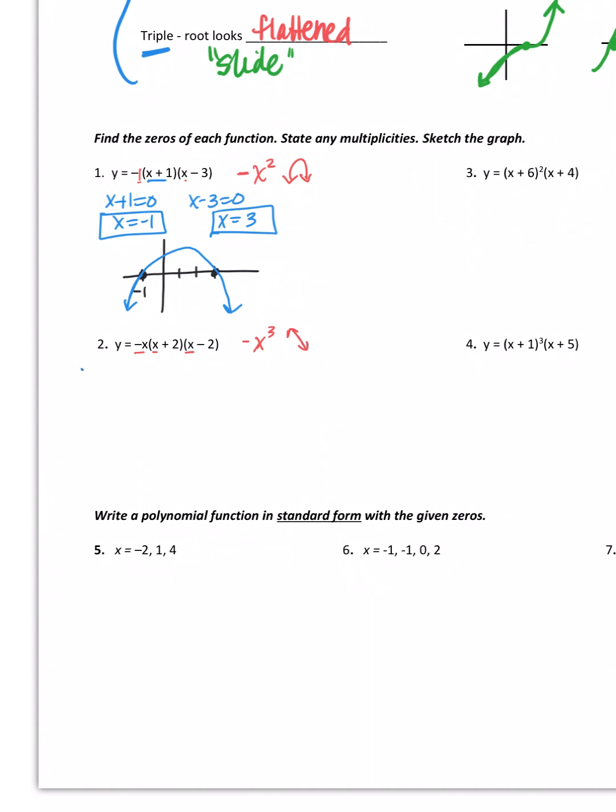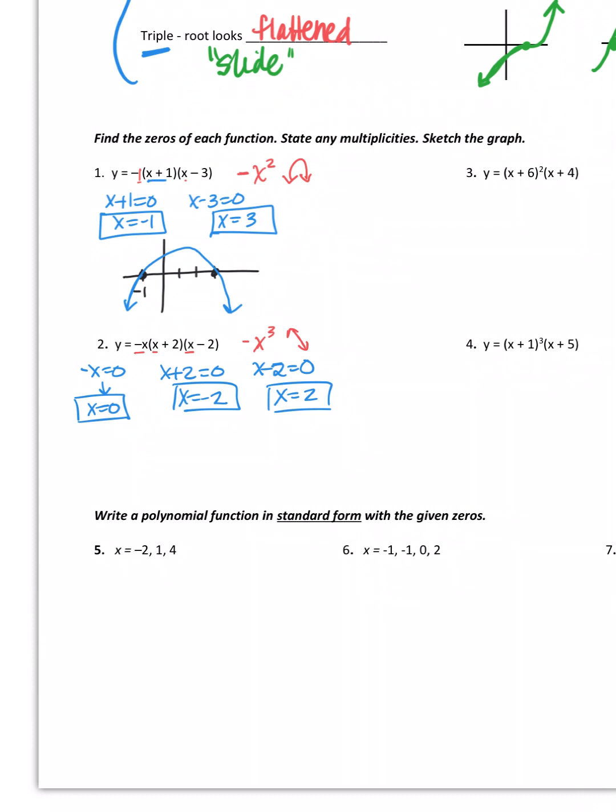So each part of this I set equal to 0 and solve it. Well, this one just gives me an x of 0. This one gives me x of negative 2. And this one gives me an x of positive 2. Wonderful. So I have 3 places. They're all single multiplicities.